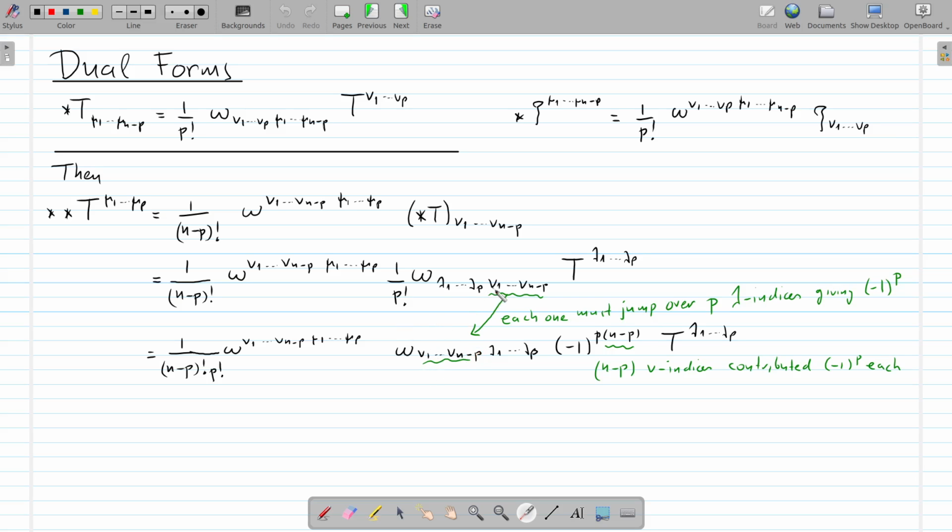In order to do that, each index has to jump over p indices, each time giving us a (-1)^p factor. And that has to be done for all n minus p indices, giving us an overall (-1)^(p times (n minus p)) sign.